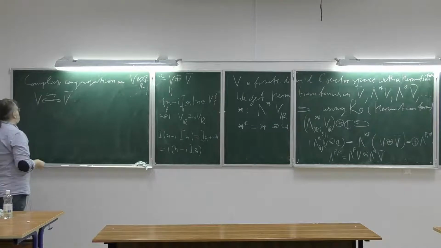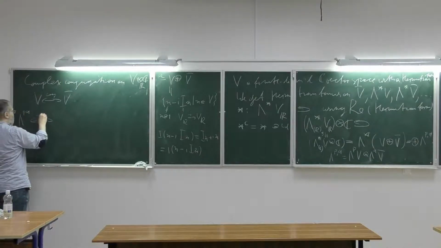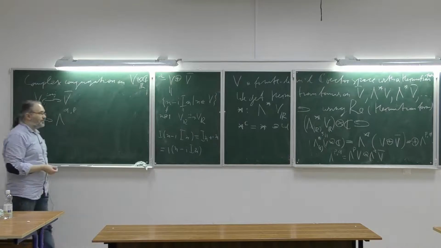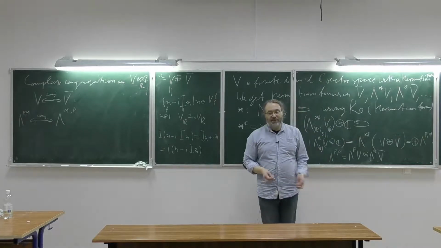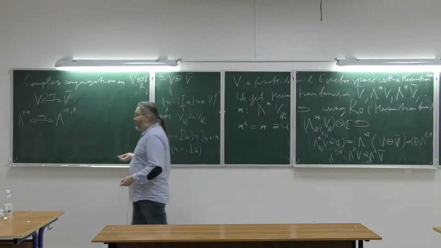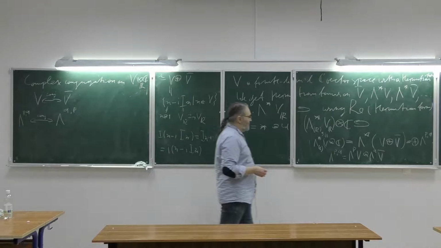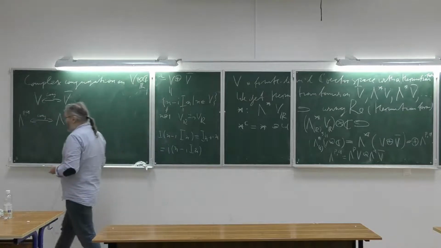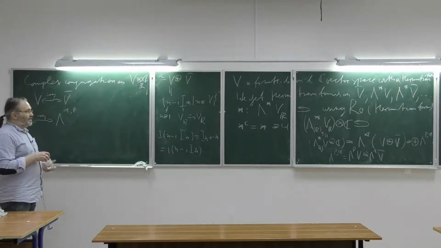Okay, now for similar reasons, lambda pq goes to lambda qp under complex conjugation, the same complex conjugation, namely the one obtained from this factor. Well, now let's look at the star.